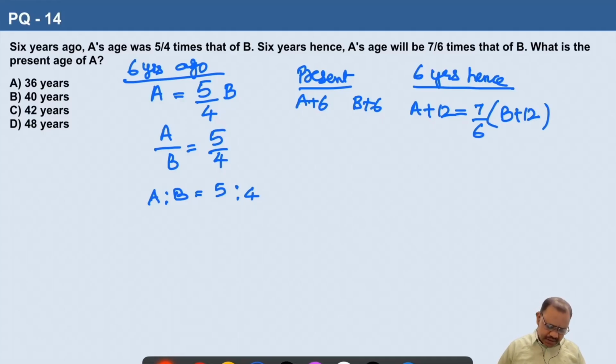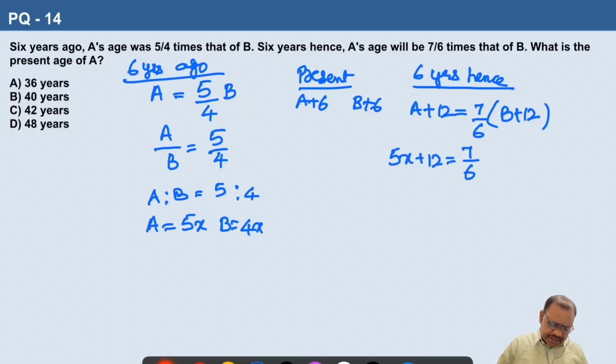So here A and B we will assume as 5x and 4x. A as 5x and B as 4x. So we will substitute these values in this equation. So 5x plus 12 is equal to 7 by 6 times 4x plus 12.